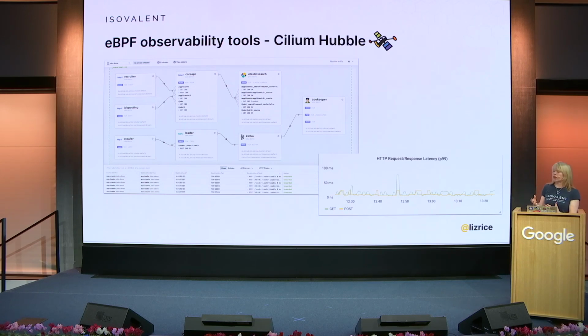And Hubble also generates Prometheus metrics, which we can then use to generate all kinds of really interesting dashboards, all sorts of interesting graphs, maybe on Grafana, for example, things like latency or throughput, or how many error responses we're getting to messages, or how many packets are being dropped. So tons of information being collected using eBPF with all that contextual Kubernetes goodness.